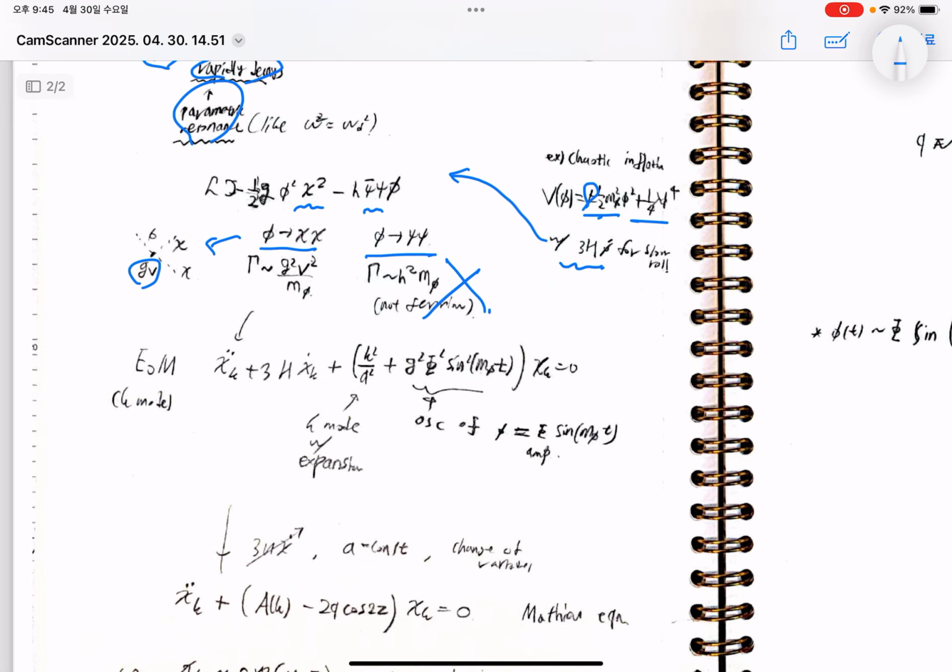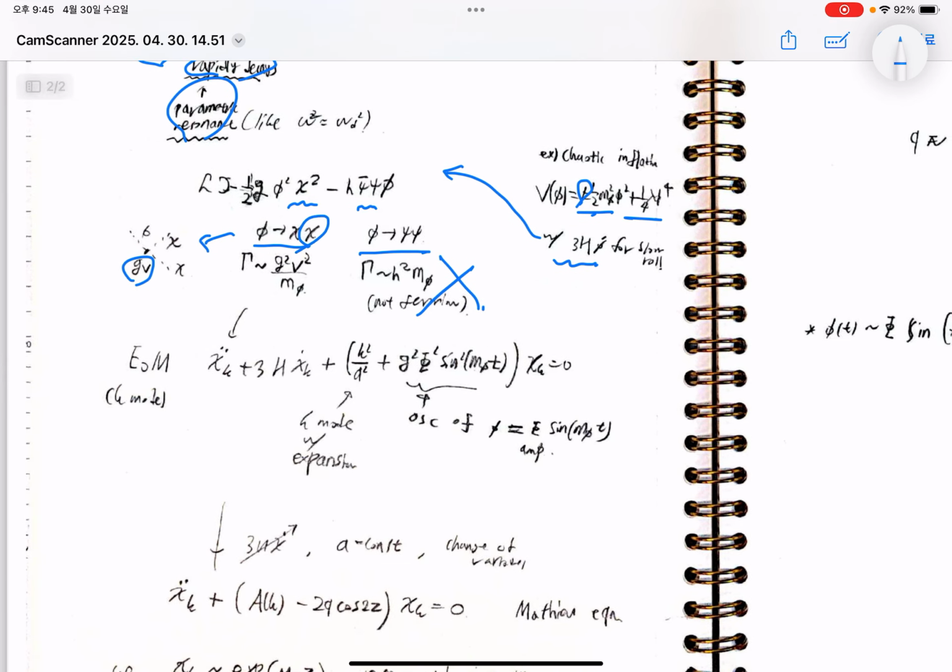For the boson decay modes, we can obtain the equation of motion for the k mode of the boson field chi. So this is a form with the Fourier transformation. For the k modes, there will be the expansion of the universe, and also the such scalar mixing term in the inflaton phi squared and the boson chi squared.